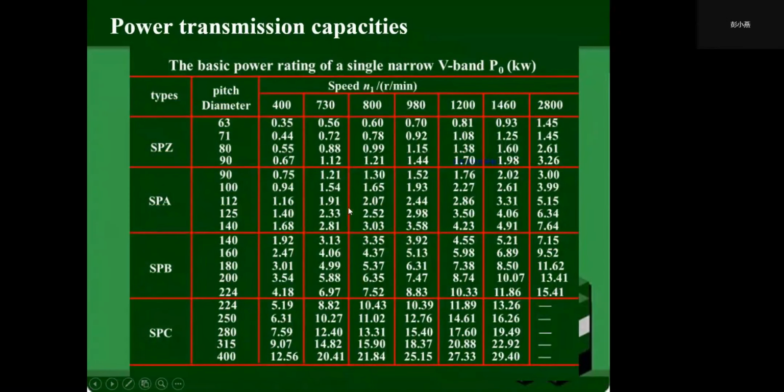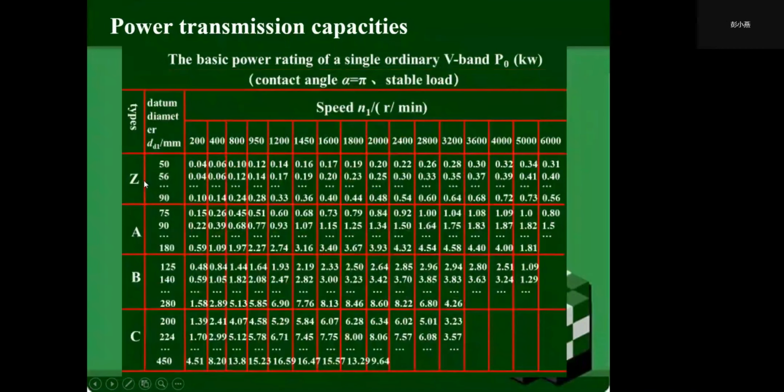And this is basic power P0 for narrow wave belt, and these are the types SPZ, SPA, SPB, and SPC, and this is for standard wave belt.